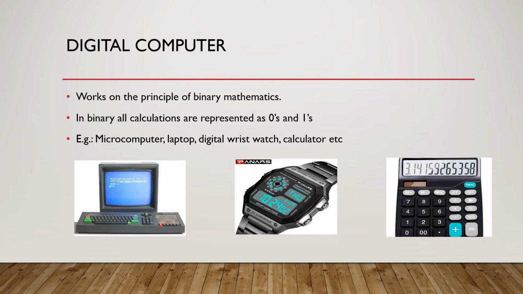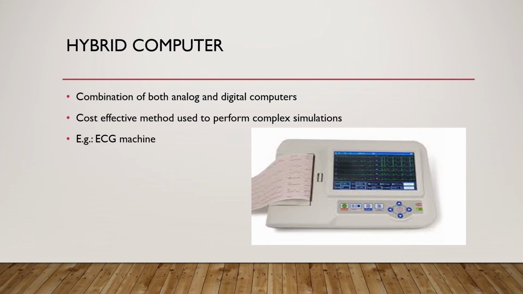Examples are the microcomputer, laptop, digital wristwatch, calculator, etc. I have given you the images of those examples too. The first picture is your microcomputer, the second is your digital wristwatch, and the next image is the calculator. Here it works on the principle of binary mathematics.